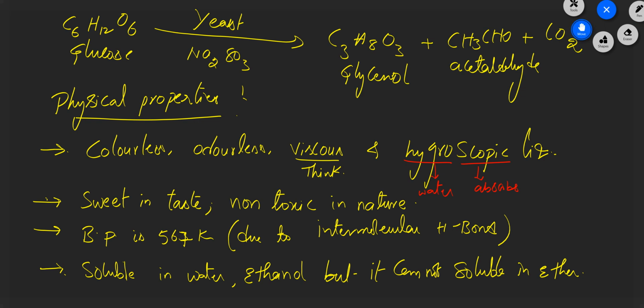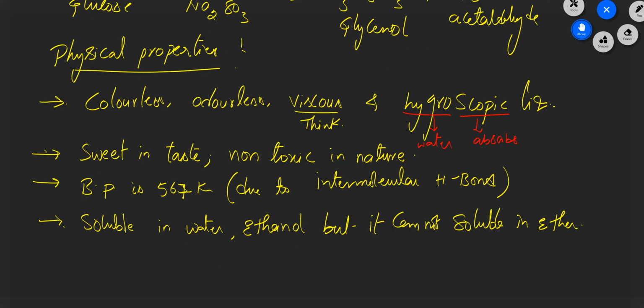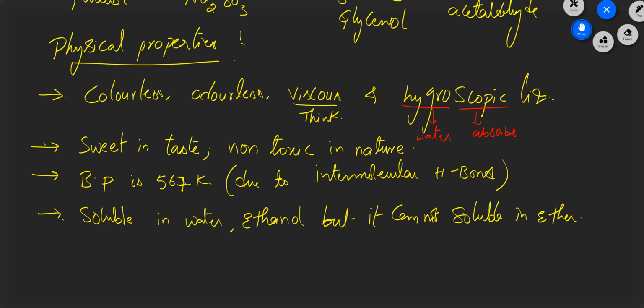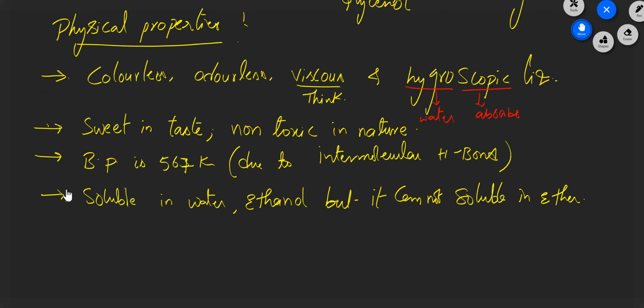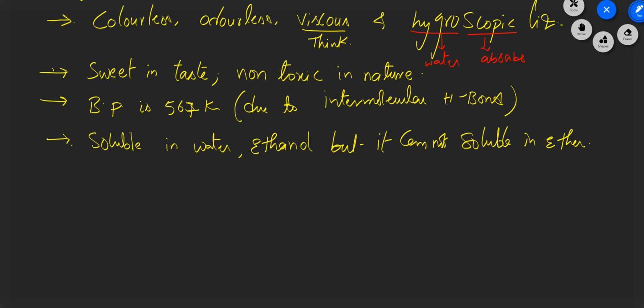So why is it viscous in nature and why does it have a high boiling point? That is due to the formation of intermolecular hydrogen bonds. For example, I am taking glycerol, CH2OH, CHOH, CH2OH.